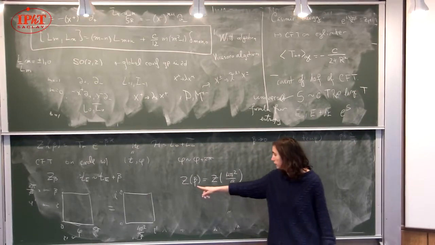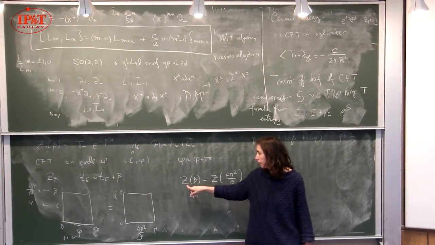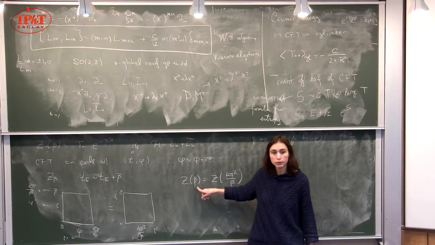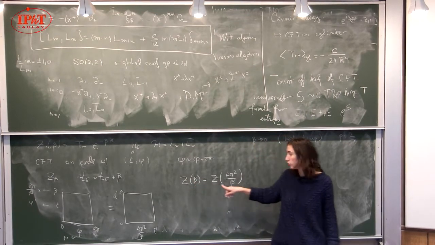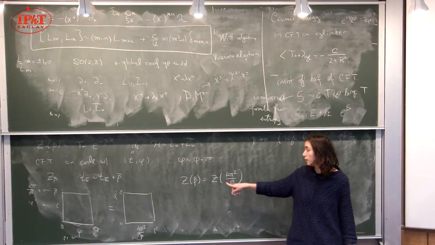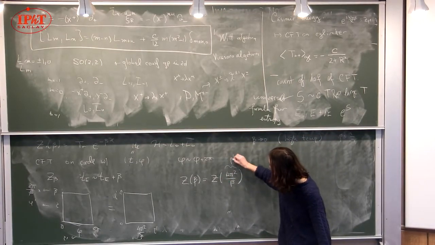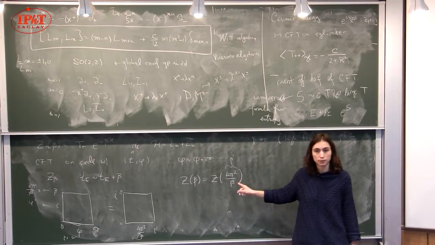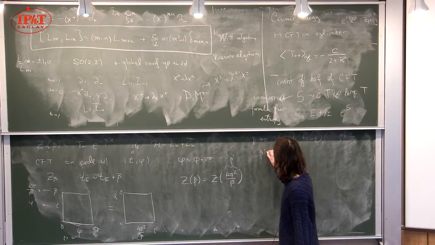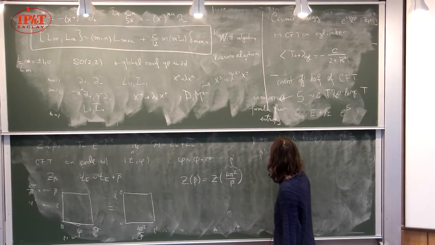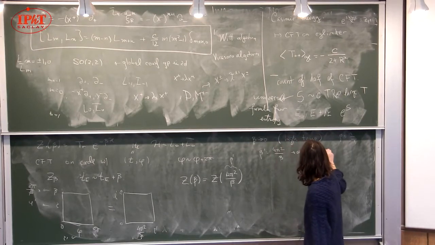Okay, so first I use this relation to relate the partition function as beta goes to 0 to the partition function at 1 over beta. So this is going to be the partition function as this guy, beta prime, goes to infinity. Right? So beta prime, which is 4 pi squared over beta, goes to infinity. So this is low temperature.